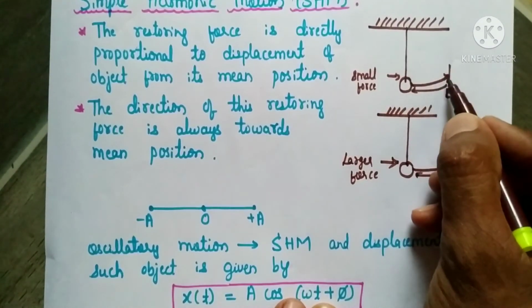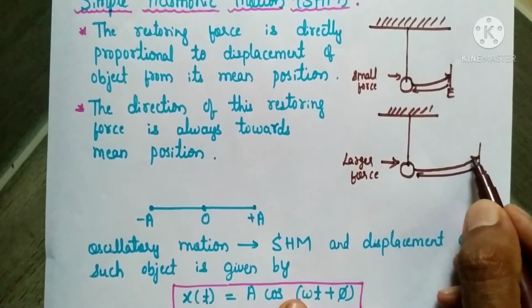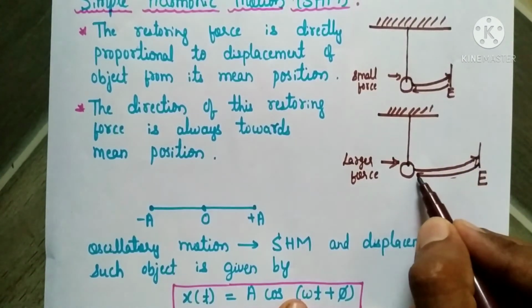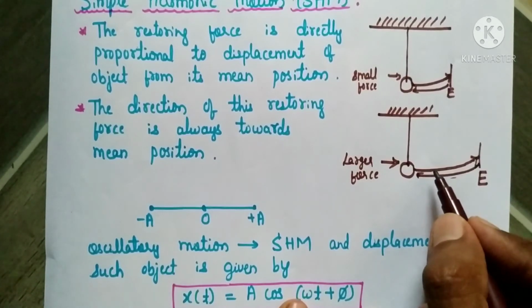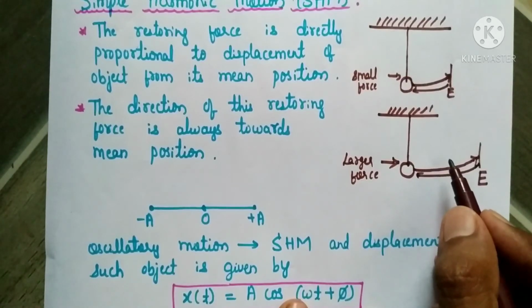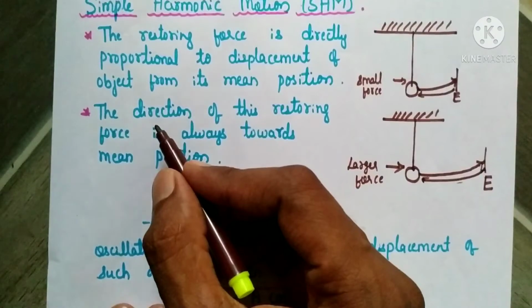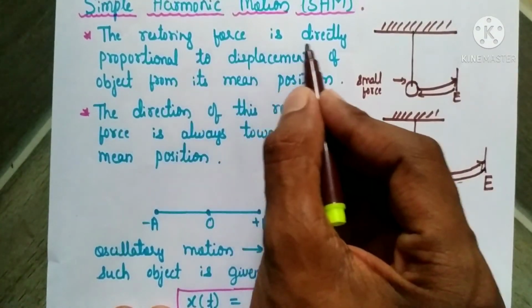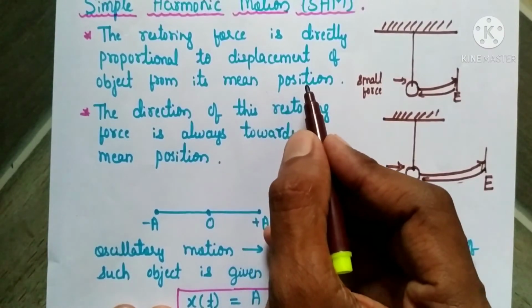Smaller the displacement, smaller will be the restoring force. Greater the displacement, greater will be the restoring force. Both restoring force and displacement are directly proportional to each other. So that is the first condition: the restoring force is directly proportional to the displacement of the object from its mean position.